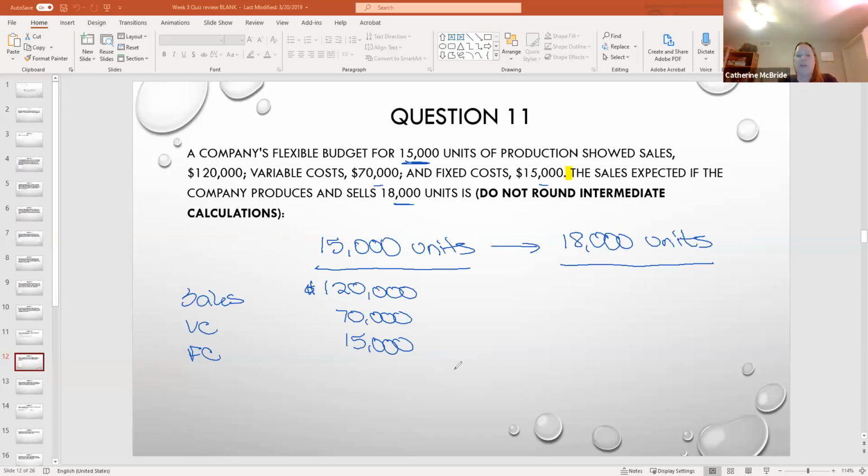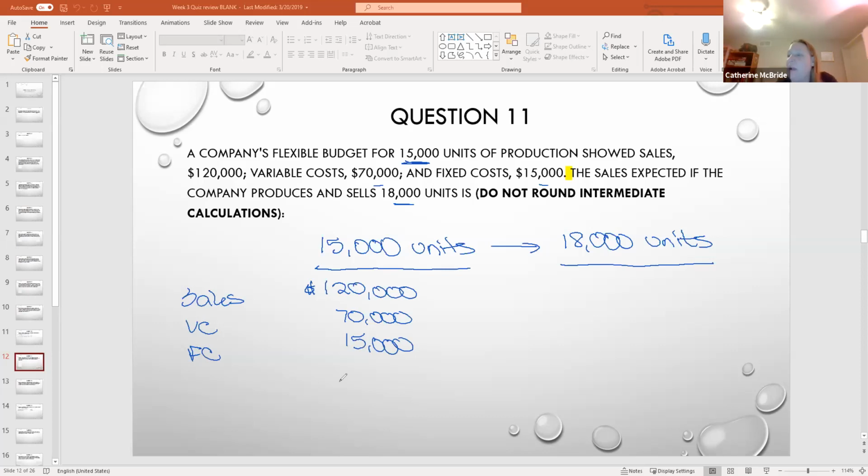So we have $120,000 in sales. Do we really need the variable cost and fixed cost if we're just trying to get the sales? Nope, we don't.